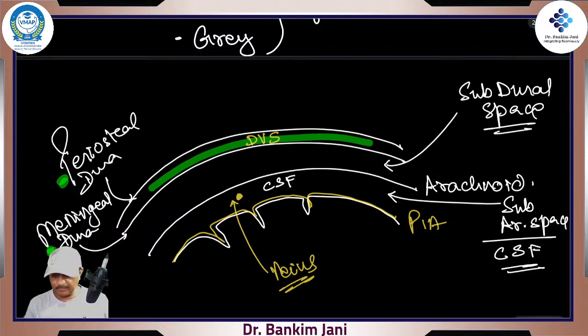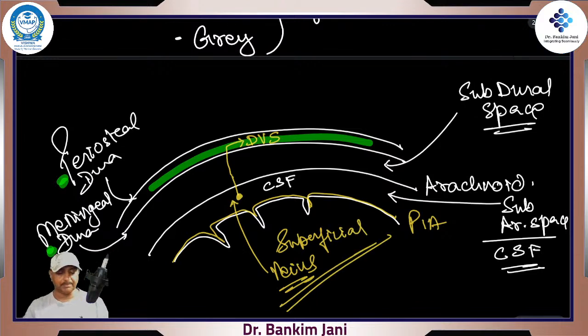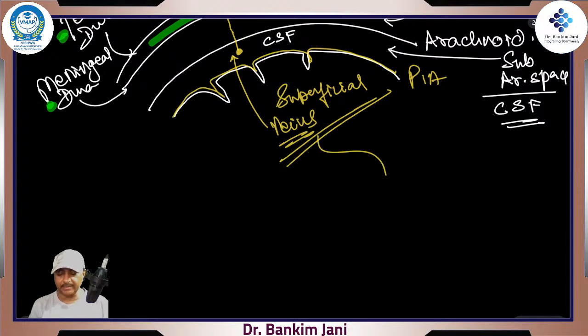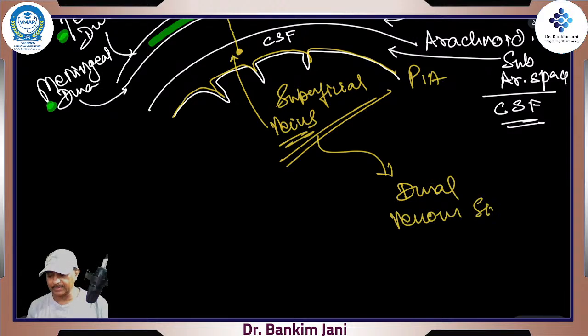They pierce the arachnoid mater, they move further, they pierce the meningeal dura layer, and they end up in the dural venous sinuses, and that's where they drain. This is the path of superficial veins. So they pierce all these layers, and then they drain into the dural venous sinuses.